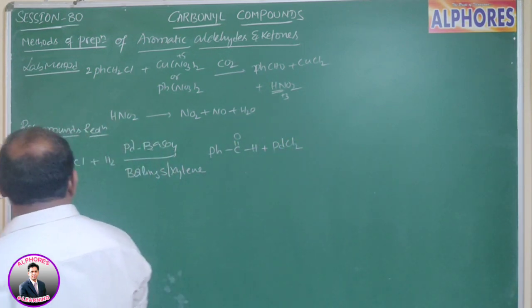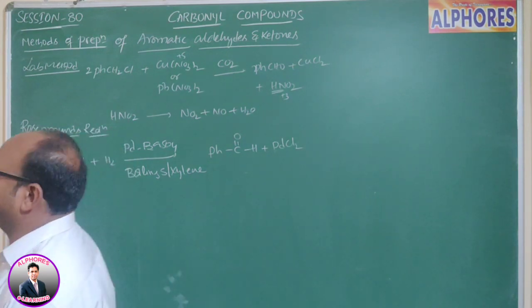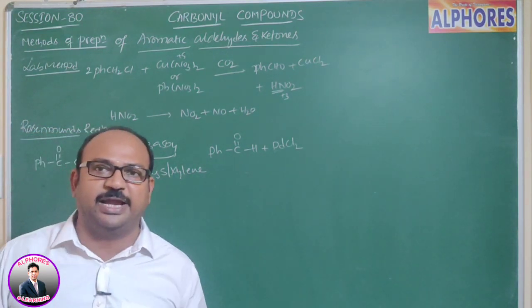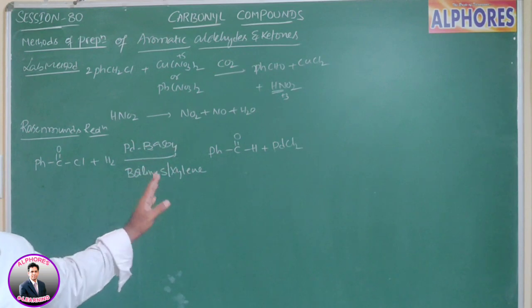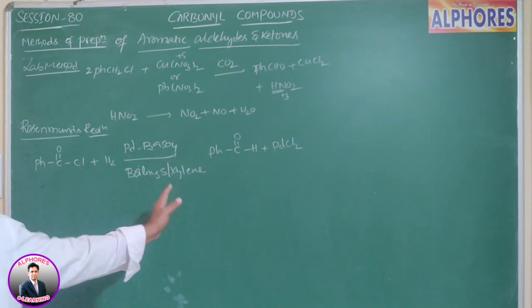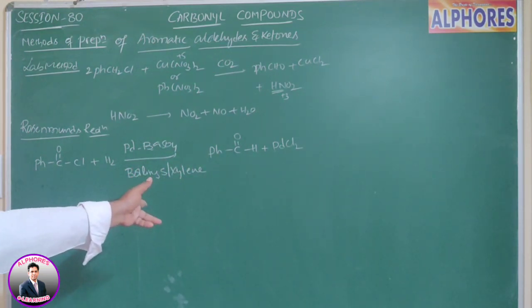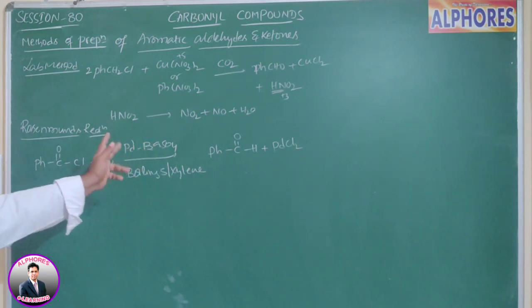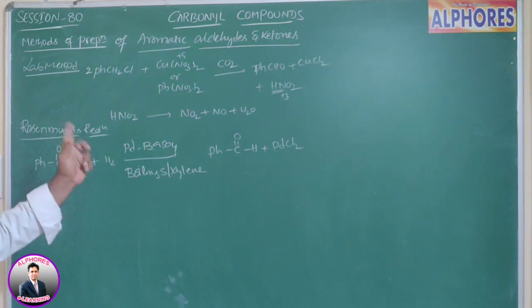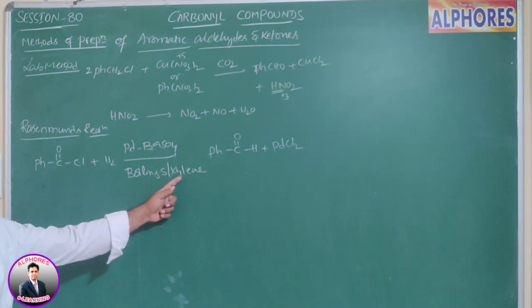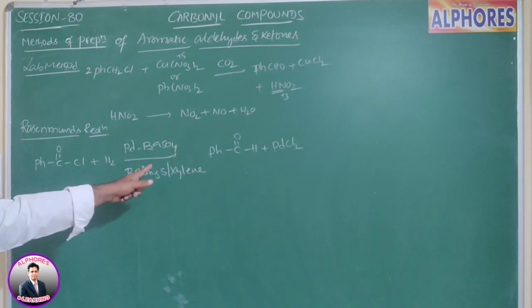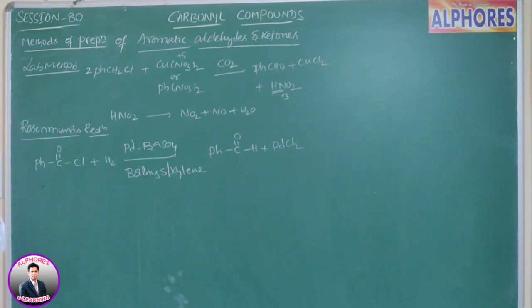So in Rosenmund's reaction we can prepare aldehydes only, not only aliphatic aldehydes but also aromatic aldehydes. Here the catalyst is poisoned by addition of boiling sulfur or xylene.